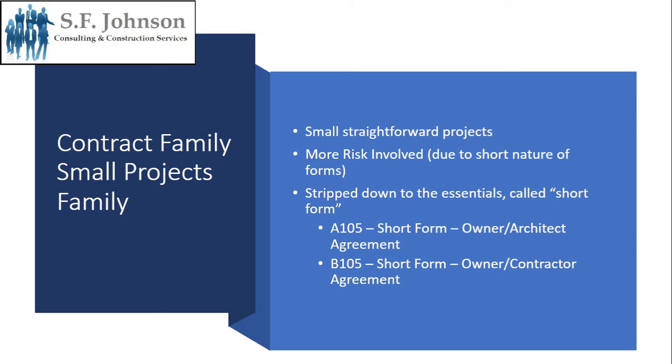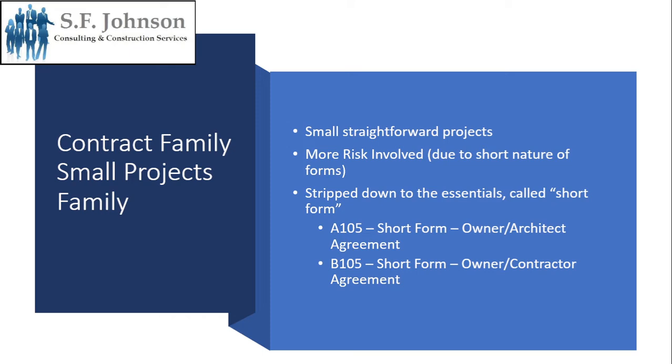So, another set of family documents, ones that they have for small projects. Okay, so just like any detailed set of plans, right, the more detailed the set, the more information you have. Well, when we have small projects, these are bare bone contracts, and they're small, straightforward contracts for small, straightforward projects.